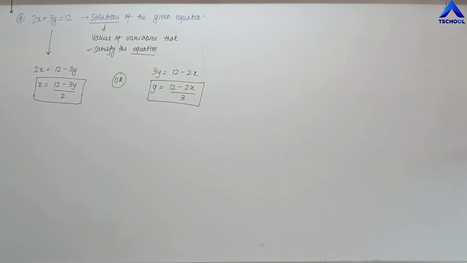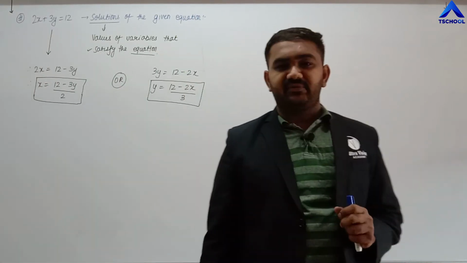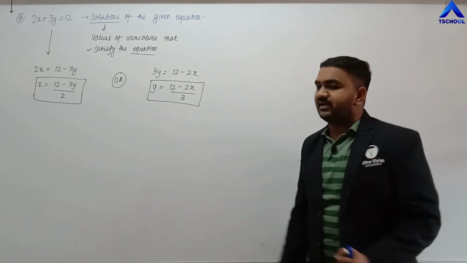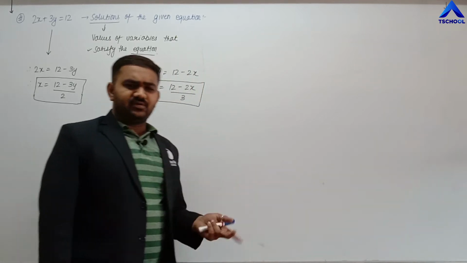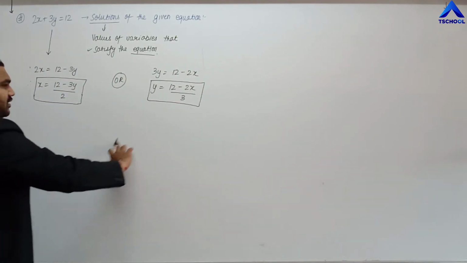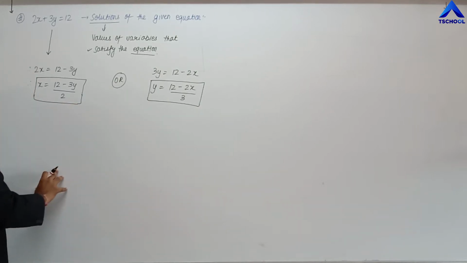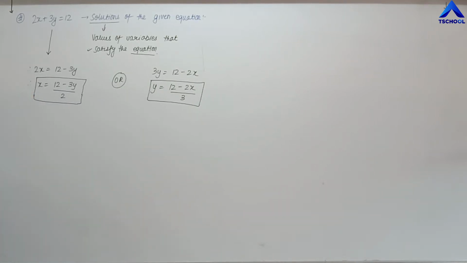Now friends, what we did here is we just found the values of the variables. Here this is the value of variable x, and here this is the value of variable y. You are not going to do both of them at the same time, only one at a time. If I use x, then I shall get the values of y and x here. If I use y here, then I shall get the values of x and y here.